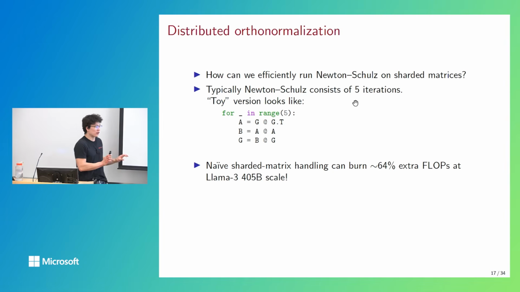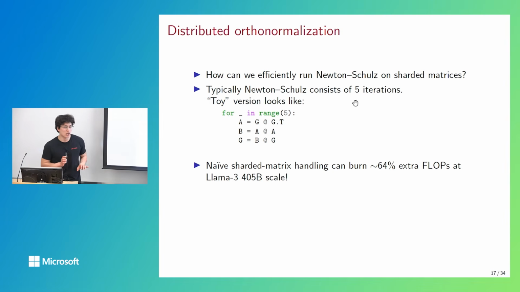When things are sharded, just to motivate, if you don't do the distribution carefully, you can actually burn a significant amount of flops with this computation, which makes this approach infeasible at really large scale. So you really have to think about how to distribute this computation more carefully.